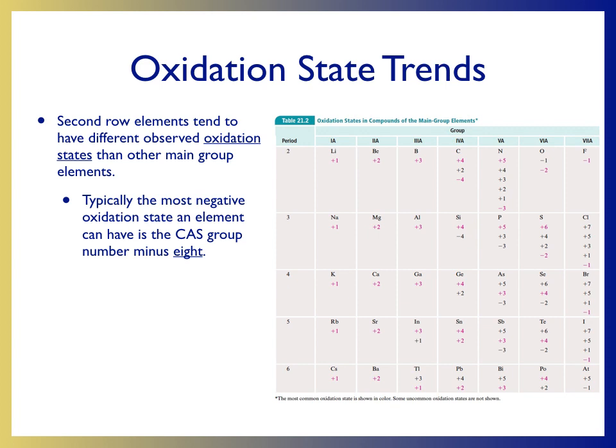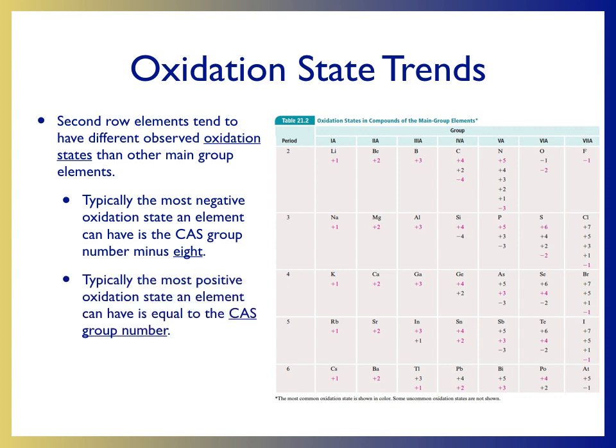For example, in group 6A, which is the oxygen group, the lowest oxidation state that those elements can have is 6 minus 8, or negative 2. And most of the elements, as you can see, have that oxidation state available to them. Now, the most positive oxidation state that an element can have is simply its CAS group number.